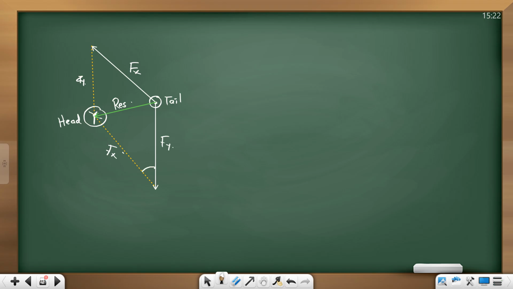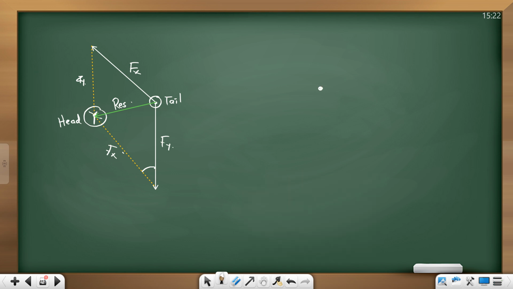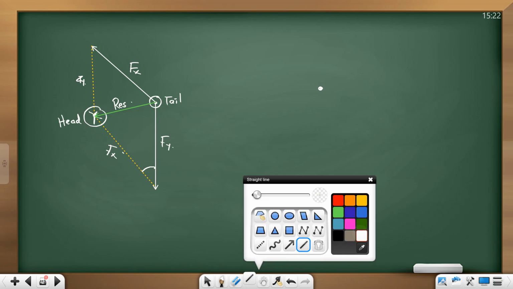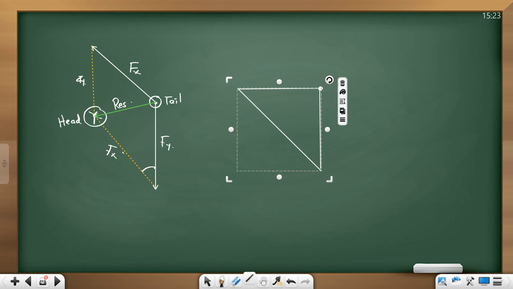Here, let me draw the whole thing because I want you to be able to see that whole diagram again. This is what we have. So what is this? 60.